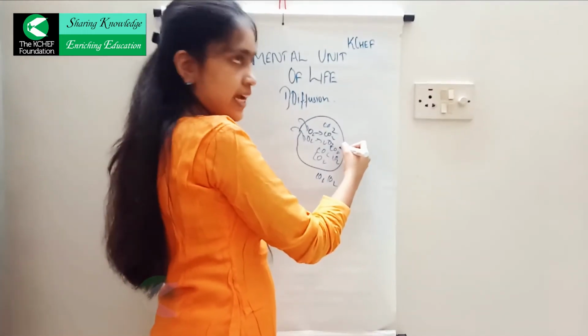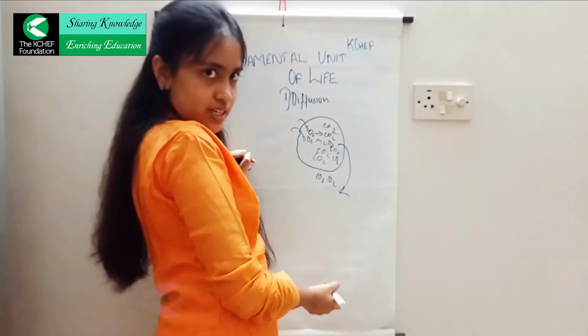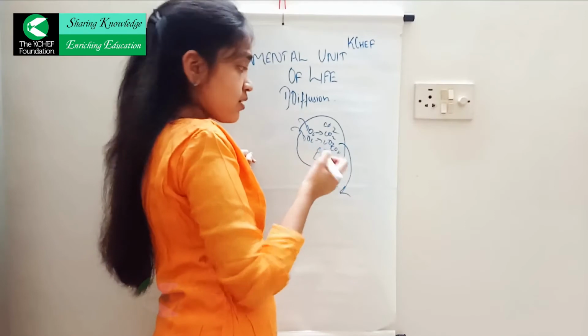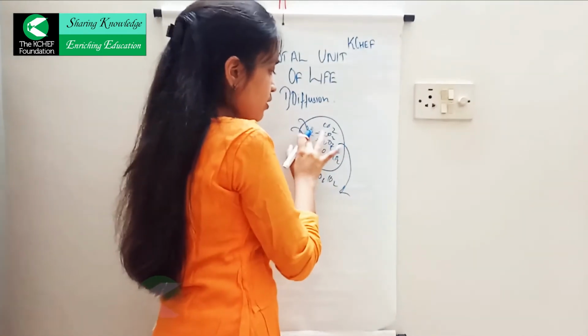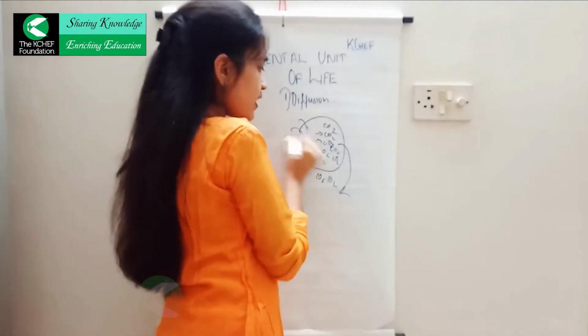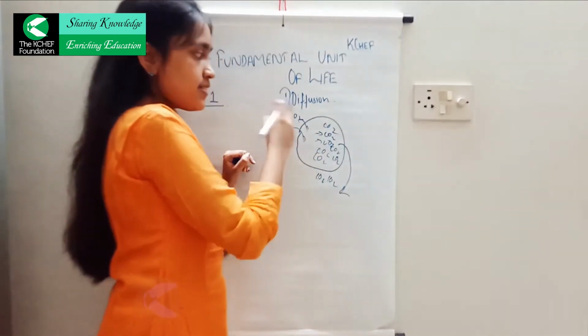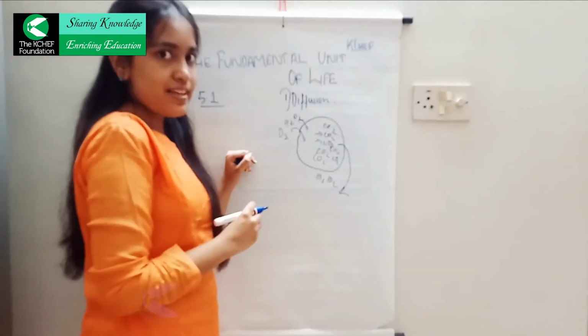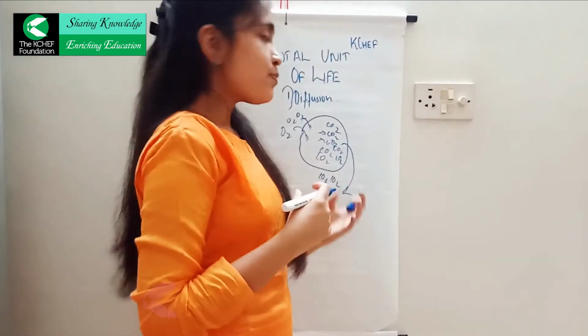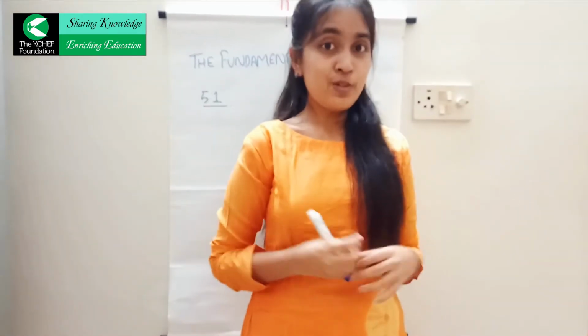So carbon dioxide moves from its higher concentration region to its lower concentration region. The same thing occurs with oxygen. As and when carbon dioxide is produced, oxygen gets depleted. So there is less oxygen inside the cell than outside the cell. So oxygen enters the cell from outside. That's how the transport of oxygen and carbon dioxide in and out of the cell occurs through diffusion.